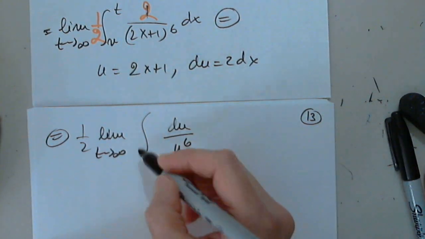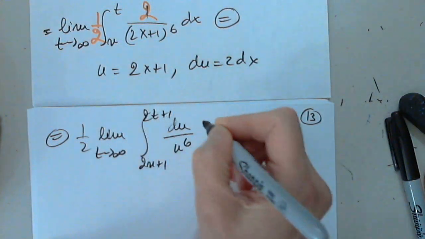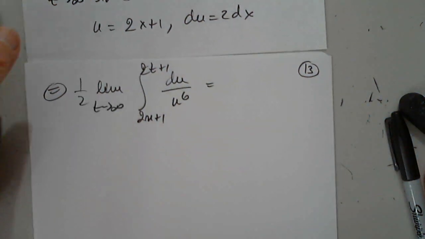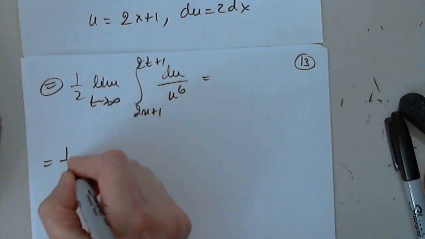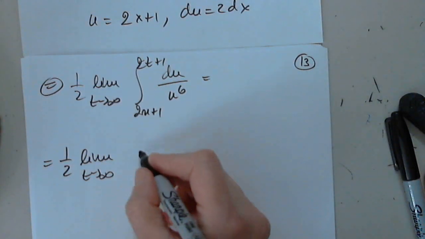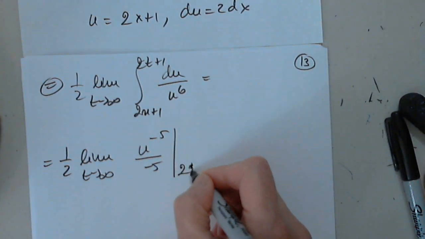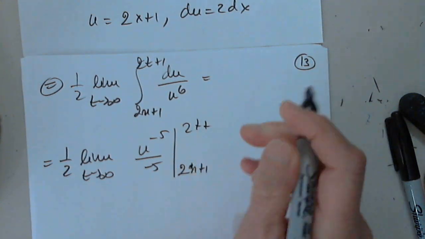So this changes into 1/2, limit as t approaches infinity, of u to the negative 5 over negative 5, from 2n plus 1 to 2t plus 1.